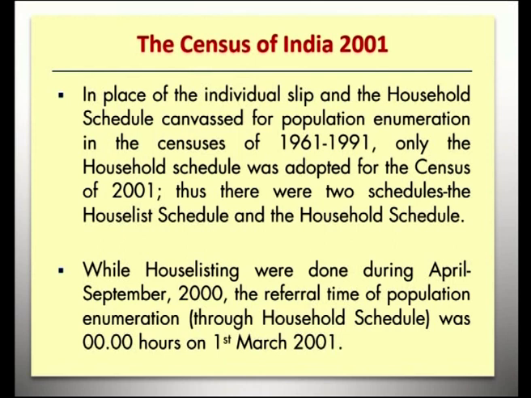Thus, there were only 2 schedules, the house list schedule and the household schedule. While house listing was done during April to September 2000, the reference time of population enumeration through the household schedule was 0 hours, not the sunrise as was adopted in 1981. It is considered to be 0 hours on 1st March 2001.